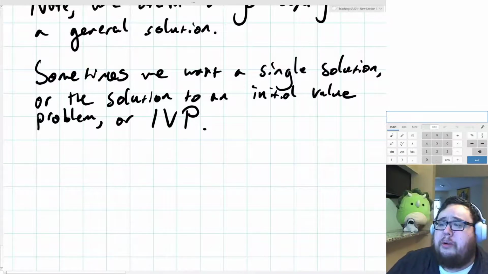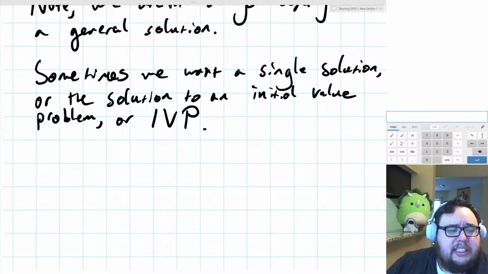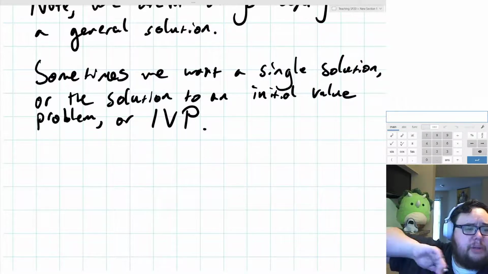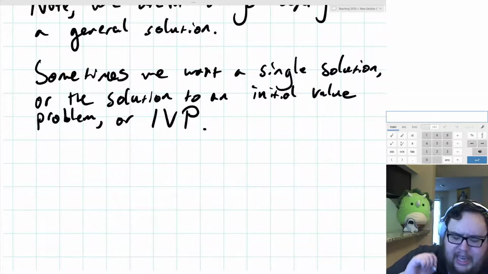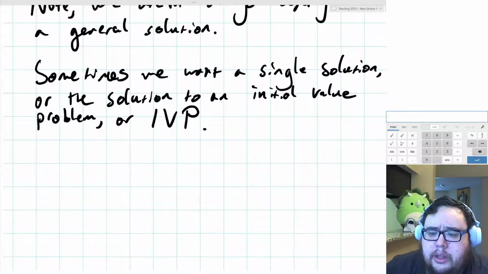So an initial value problem tells us that we want the solution that passes through this specific point. And instead of having a solution that has a bunch of different possibilities, it tells us that we want the actual single solution that we are in particular looking for.